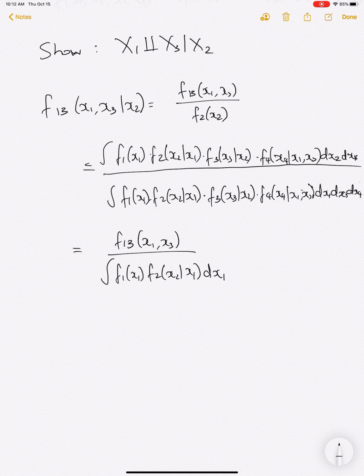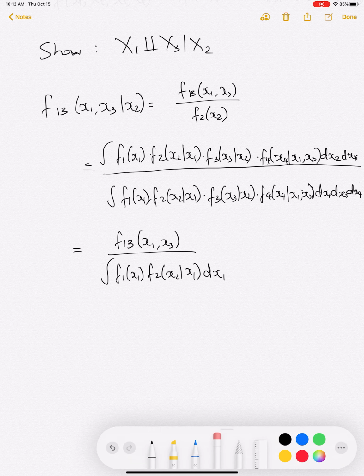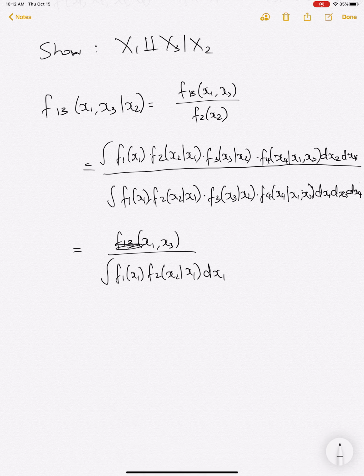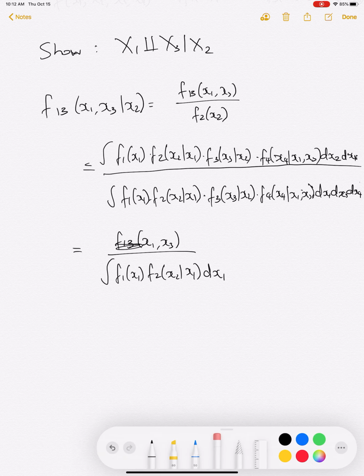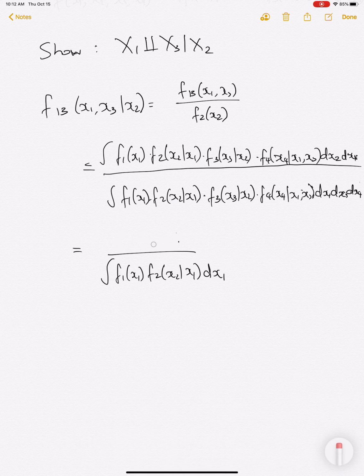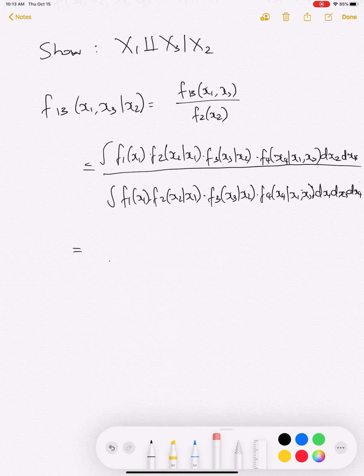So the denominator you can do by just integrating out the x1. And for the numerator, sorry, let me do this properly.